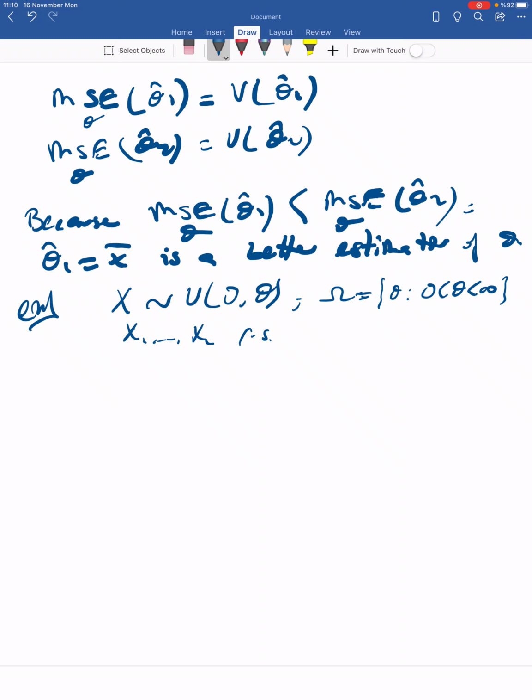For this case, we already calculated the MME of theta, if you remember, which was 2 x bar. And when we consider the MLE of theta, we obtain it as theta hat, the maximum x n. So which one is the better estimator?